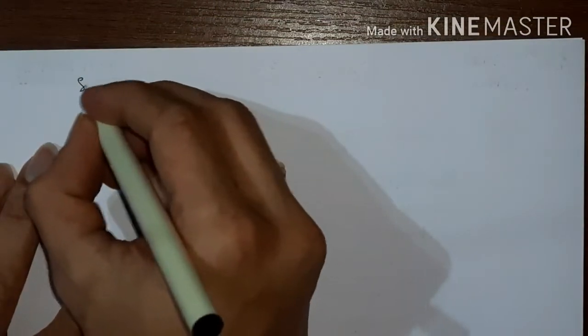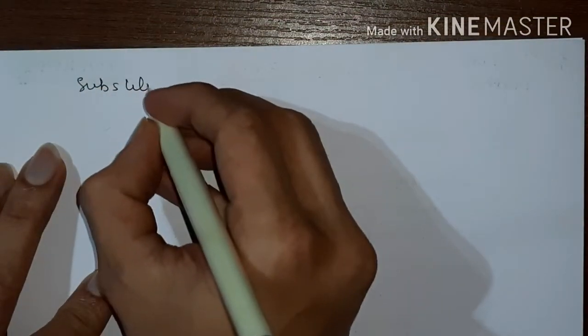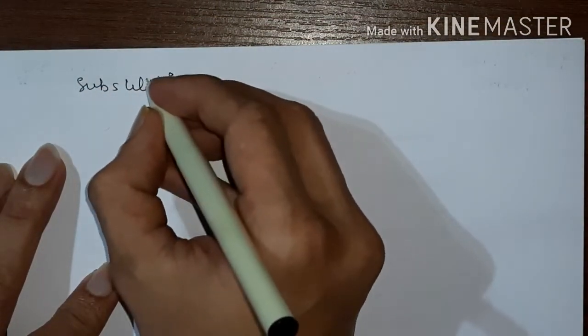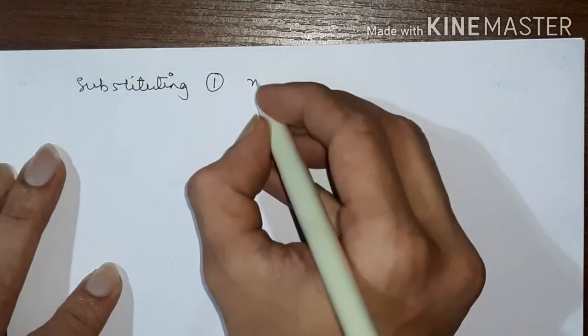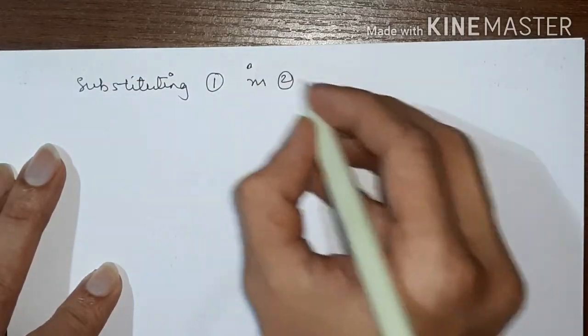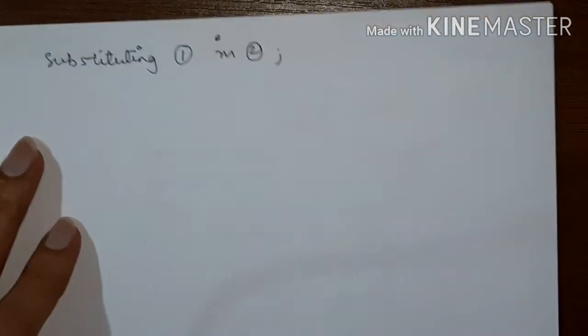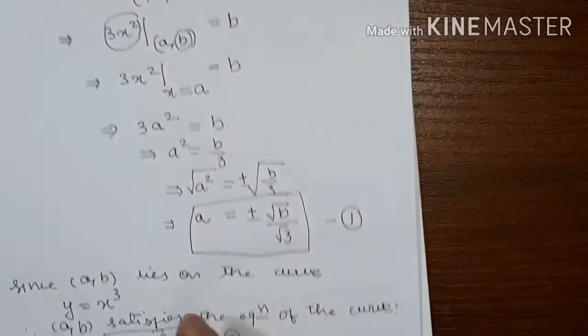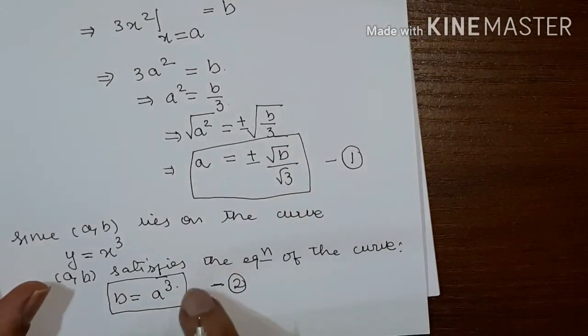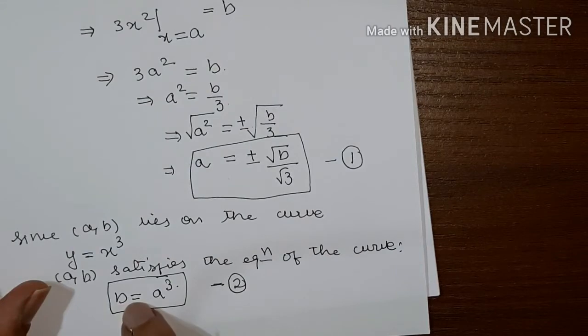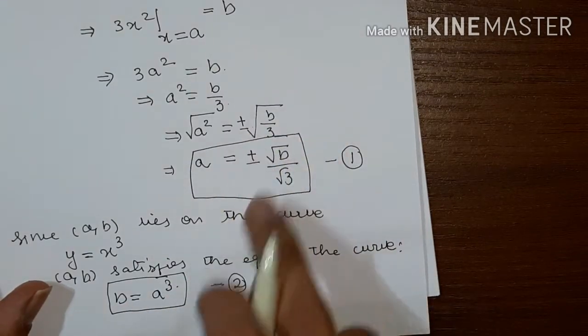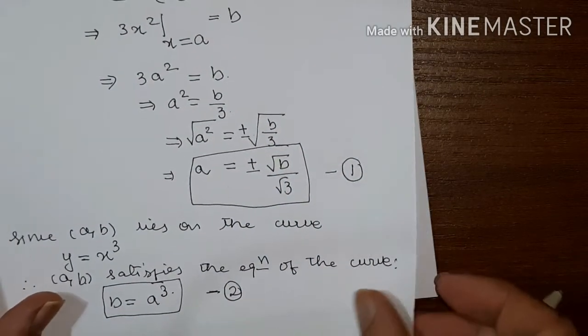So substituting 1 in 2, what we get is, this is b equal to a cube, right? So we have to just substitute a in this. So we will get b is equal to this term, the whole cube, right?